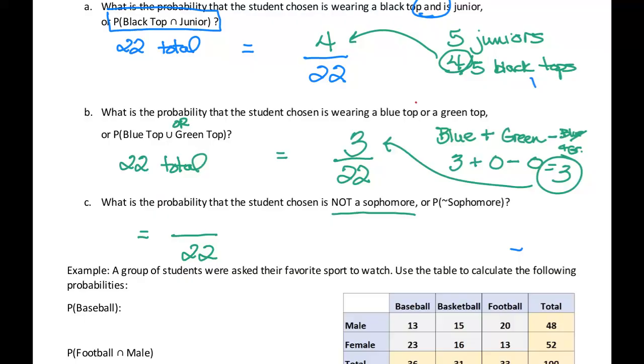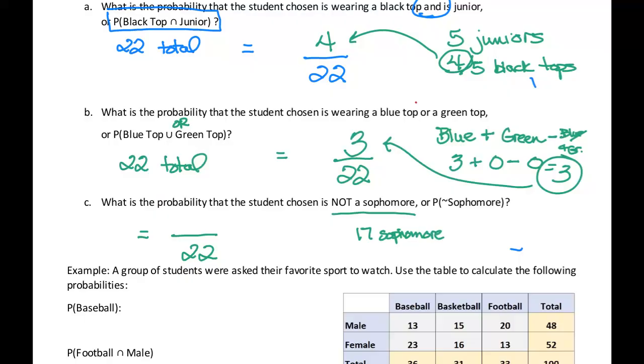Guys, we try to be accurate here. 6, 7, 8, 9, 10, 11, 12, 13, 14, 15, 16, 17. Okay, so we have 17 that are sophomores.